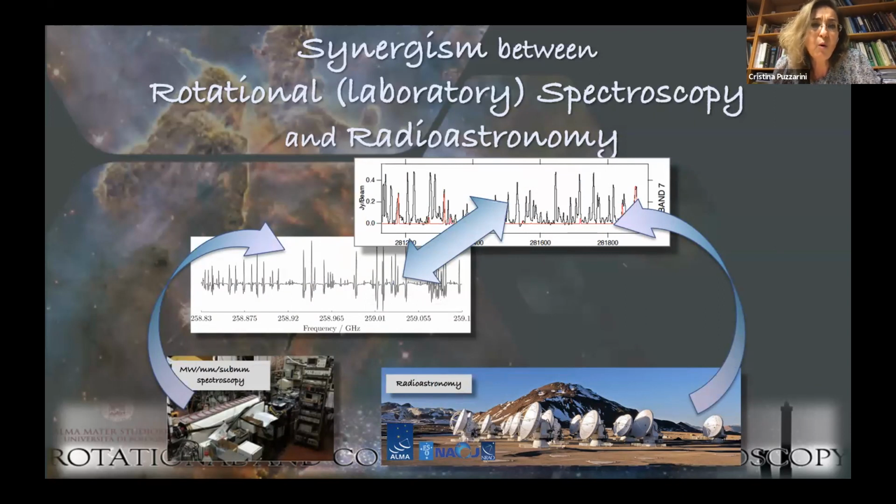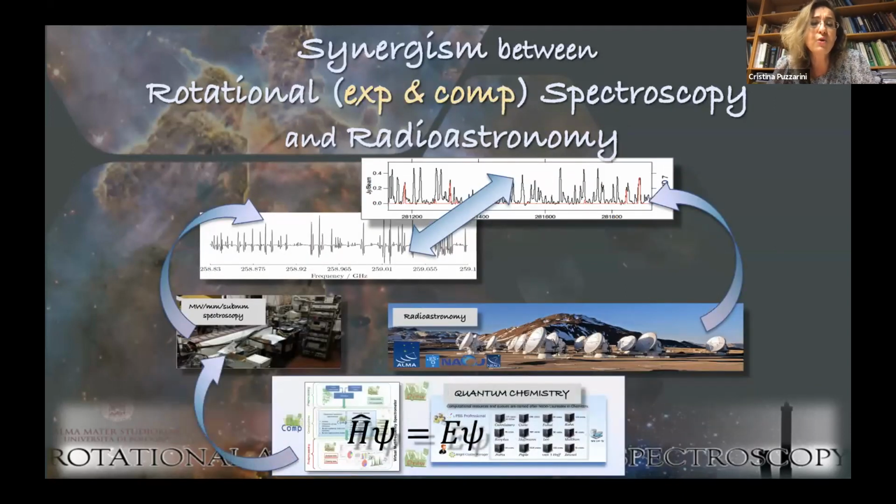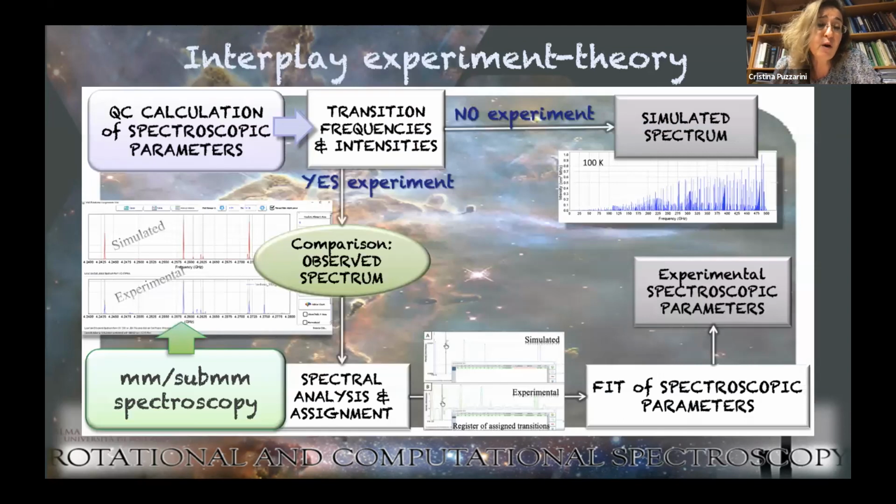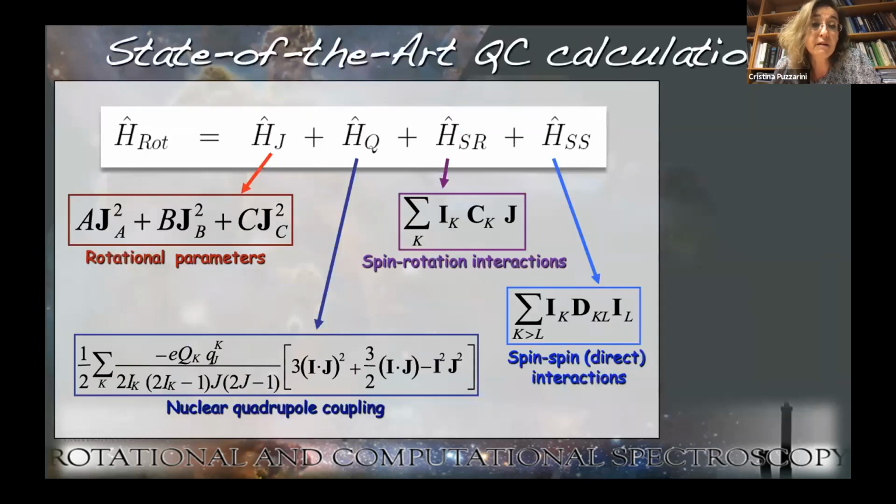But there is something more in this laboratory, because there is a strong interplay between experiment and theory. So I would like to give you just an idea of the strategy. First of all, we start from the quantum chemical calculation of the spectroscopic parameters we need for predicting the spectrum. So we have the usual Hamiltonian, which gives us the list of parameters we need.